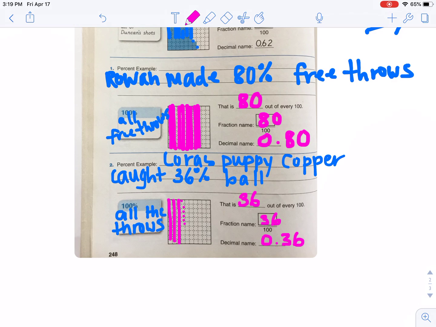Now you guys are going to be doing this exact same thing with pages 249 and 250. What I want you to do is download them into Notability and do just like I did. I want you to make sure that you are coloring, filling in the units, and writing in the numbers just like that.